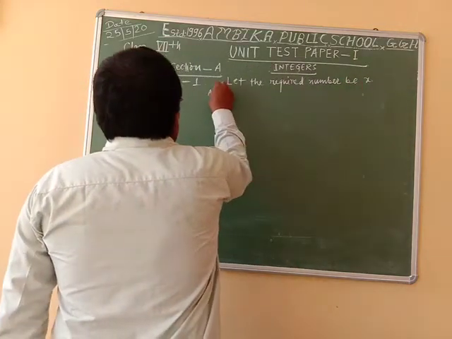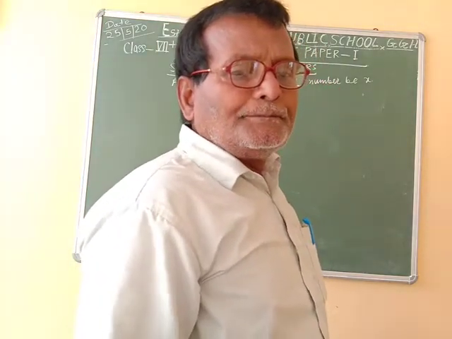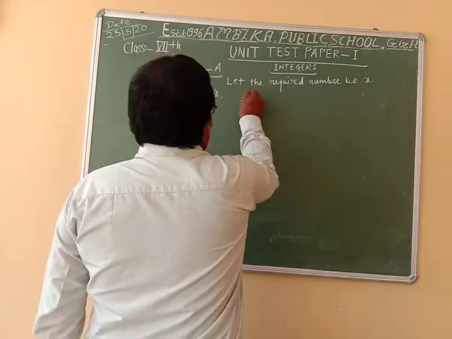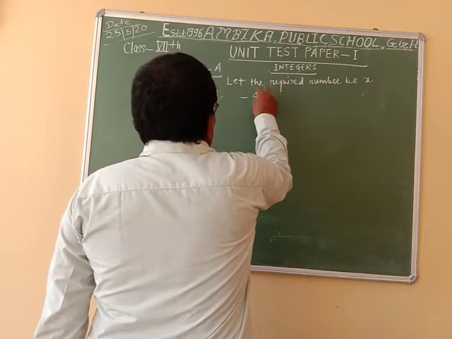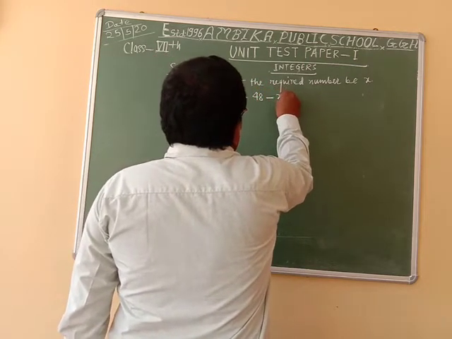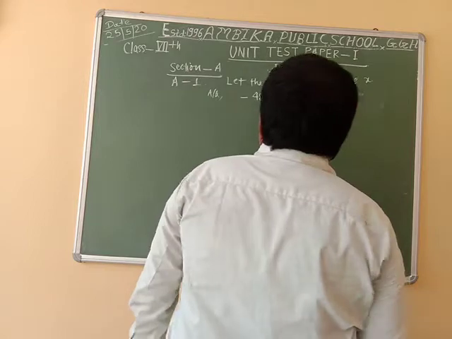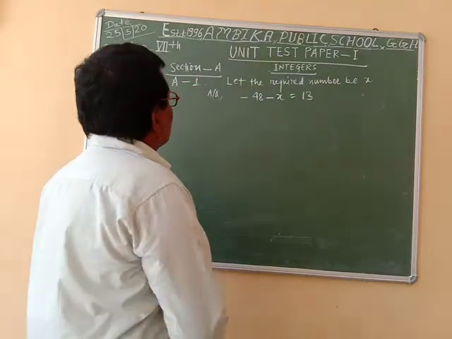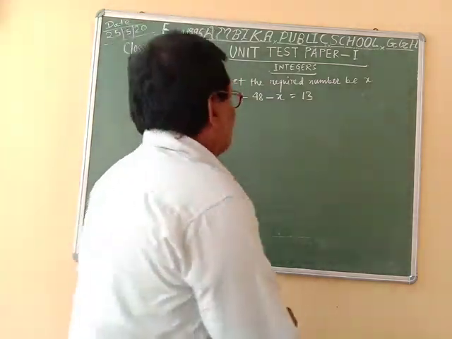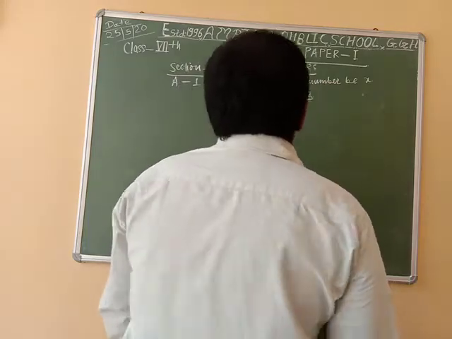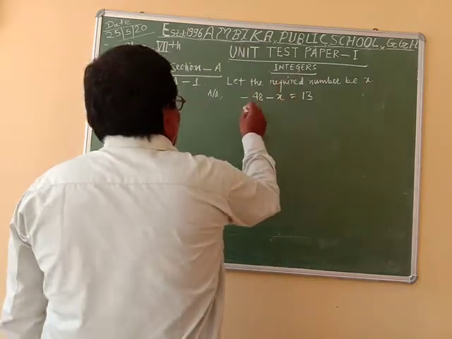Then according to the question, minus 48 minus x is equal to 13. To get 13, we subtract the number x.